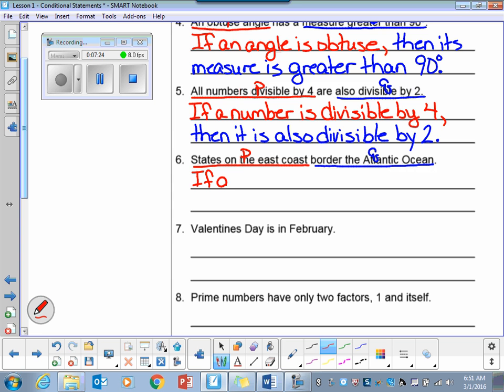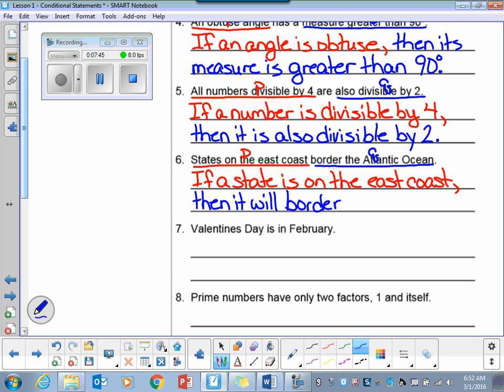So if a state is on the East Coast, comma, then it will border the Atlantic Ocean.